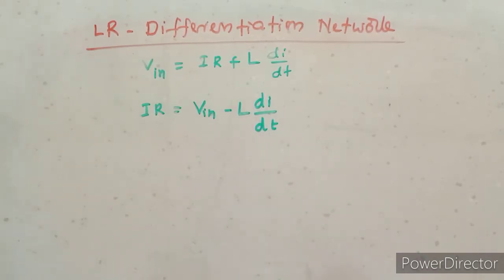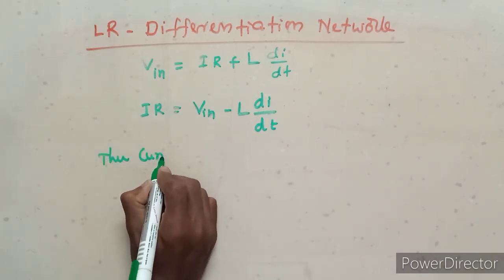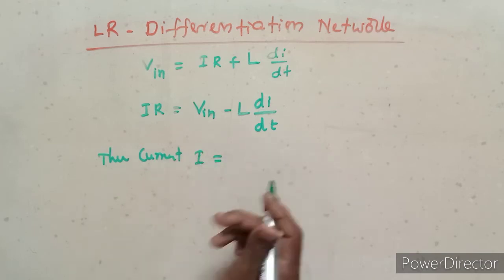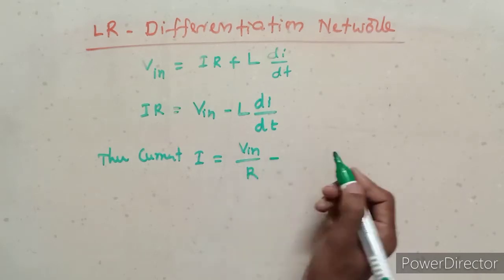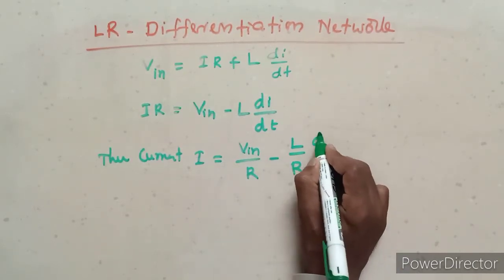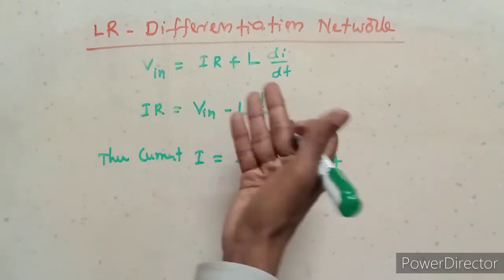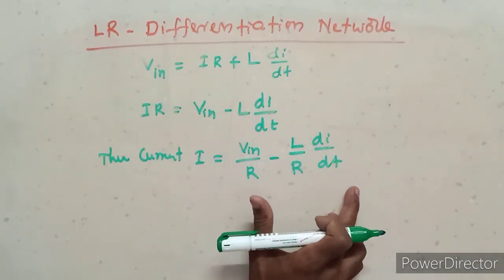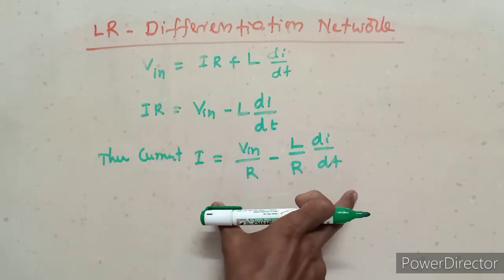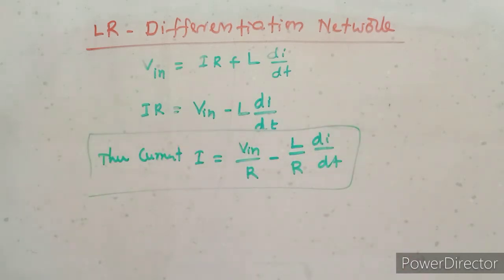Then current I equals input voltage upon R minus L upon R into di upon dt, because R is the divisor on the right-hand side. So in this equation, L by R is the time constant.